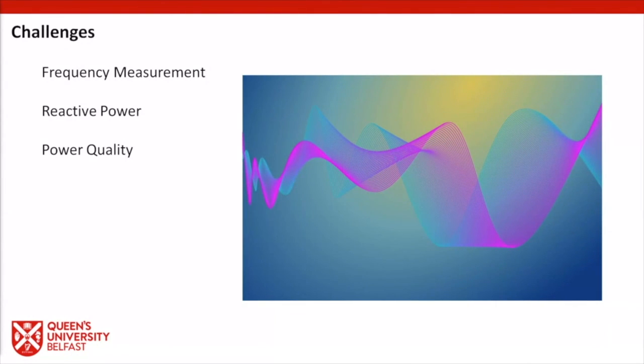So one of the big advantages of having an open source toolkit such as OpenPMU is that you can create open source measurement algorithms for frequency measurement, and for measurement or estimation of reactive power. This very much fits into the OpenPMU ecosystem.